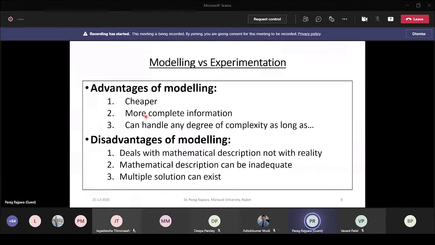For example, if you want to measure pressure or temperature or any other property, of course you can do that within a complete flow field by simulations. You can also do it by experiment, but that will result in a lot of expenses, and the complexity will increase. Then the third point is that one can handle any degree of complexity.